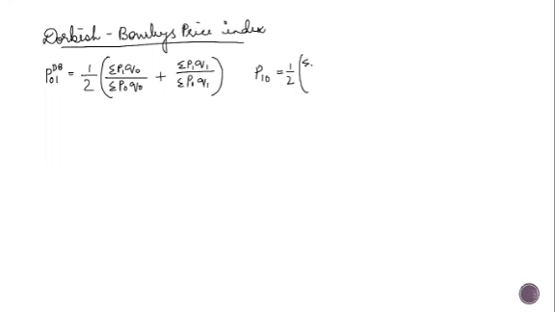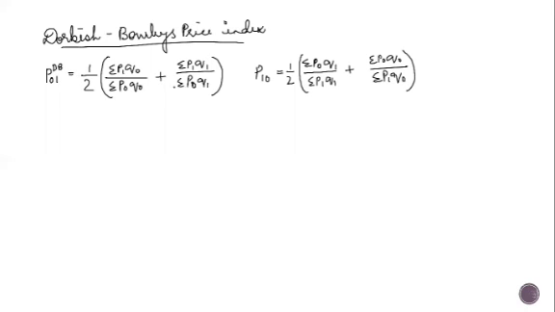So it will be summation P0 Q1 divided by summation P1 Q1, when you reverse P1 becomes P0, and Q0 becomes Q1. Plus summation P0 Q0 divided by summation P1 Q0.